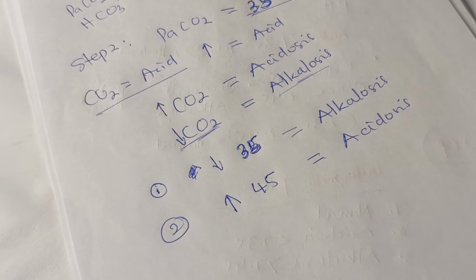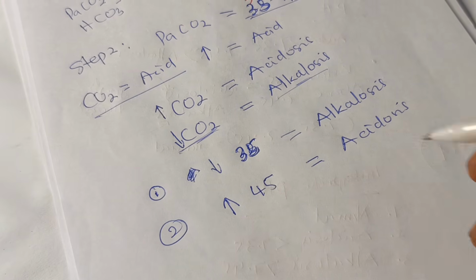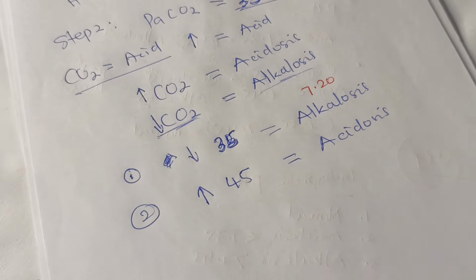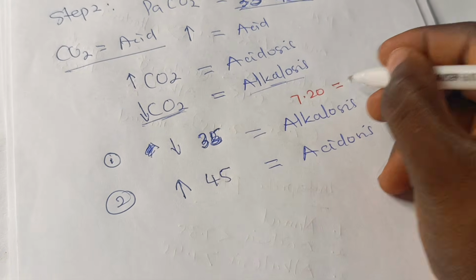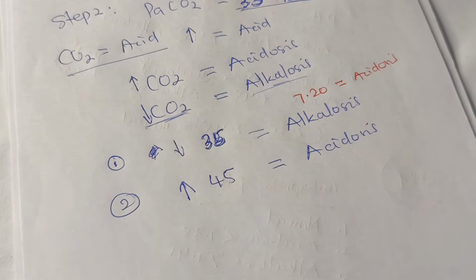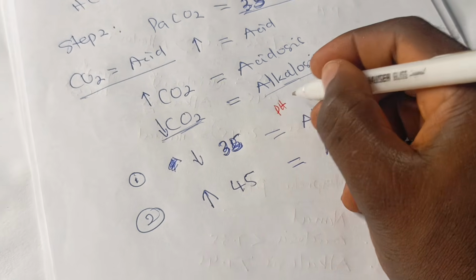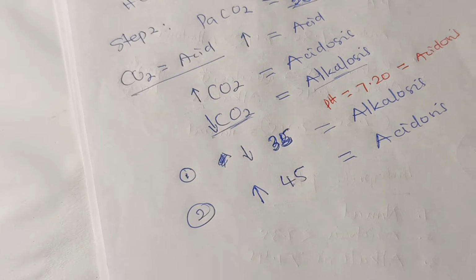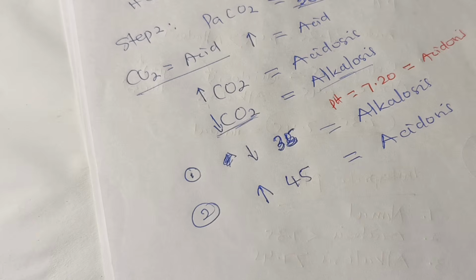So assuming that when we interpreted the pH, they gave us, let's say, 7.20, as we saw in the first case, and we said this is acidosis.